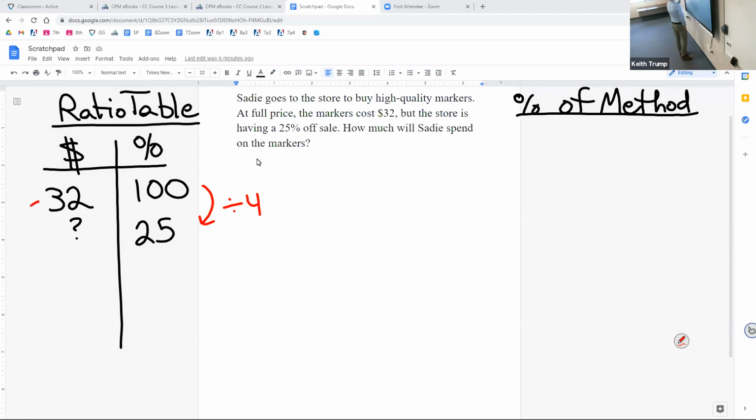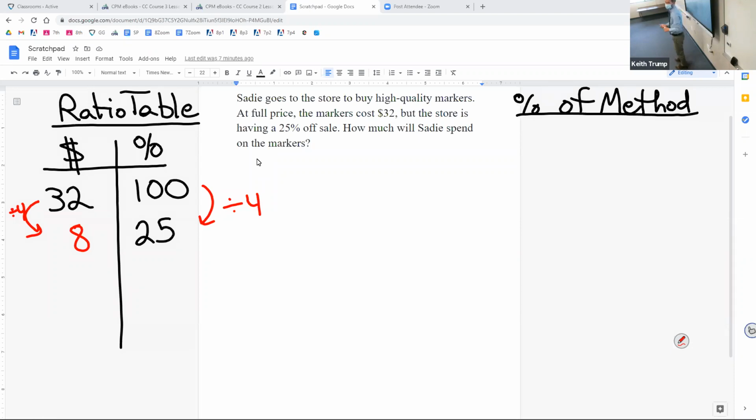And if I do the divided by 4 operation to the percentage column, I'll do it also with the dollars column. So 32 divided by 4 equals 8. So now I've learned that she will save $8.